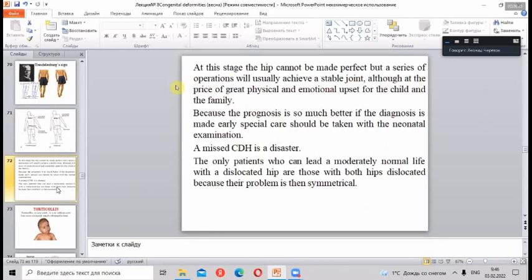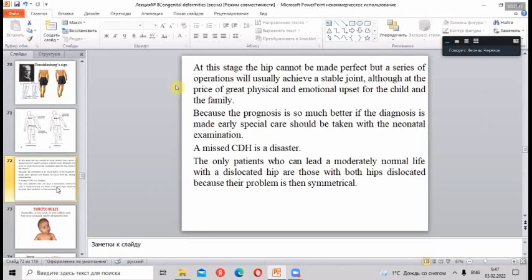At this stage, the hip cannot be made perfect, but a series of operations will usually achieve a stable joint, although at the price of great physical and emotional upset for the child and the family. Because the prognosis is so much better if the diagnosis is made early, special care should be taken with neonatal examination.